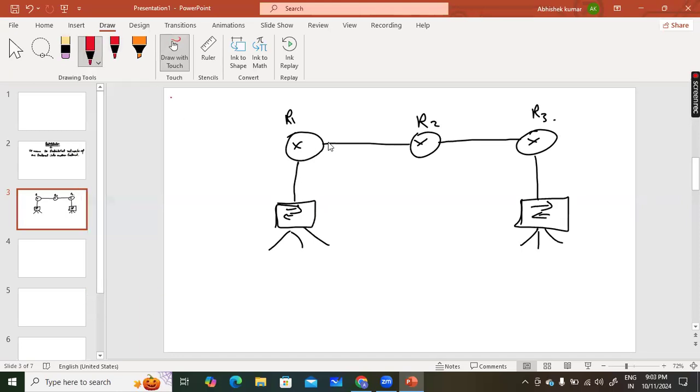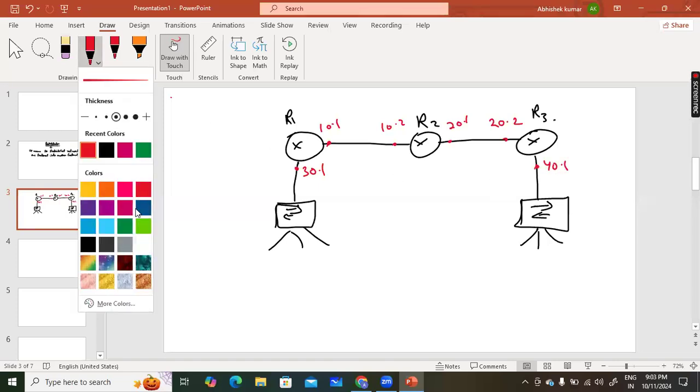And give some networks here. Let's suppose 10.1, 10.2, 20.1, 20.2, 30.1, and 40.1 like this.